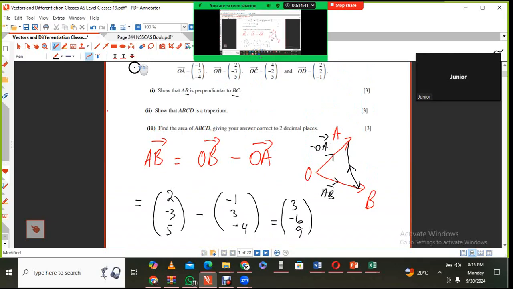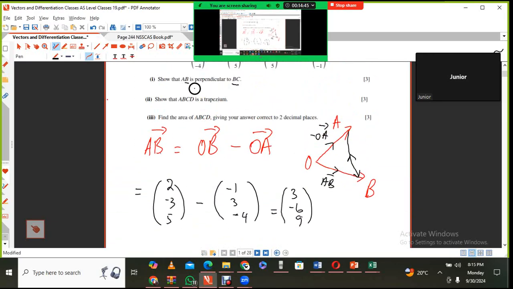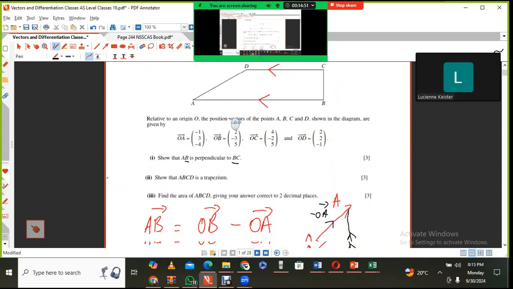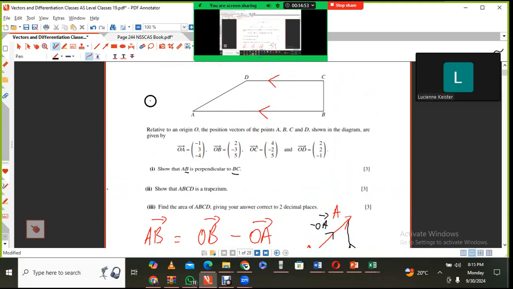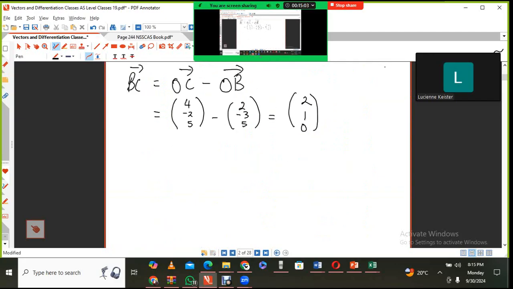Okay, so now we have AB and we also have BC. Now, in order for us to show that these two vectors are perpendicular, there is something known as the dot product.